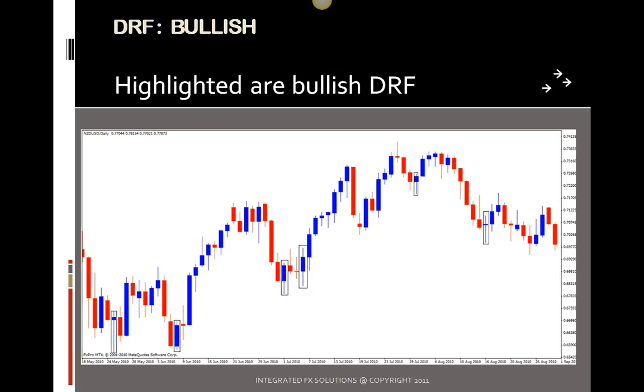Highlighted are bullish DRF. There are 1, 2, 3, 4, 5, 6 bullish DRF on the chart, and for each bullish DRF there is a trend change, trend reversal, or beginning of a retracement.